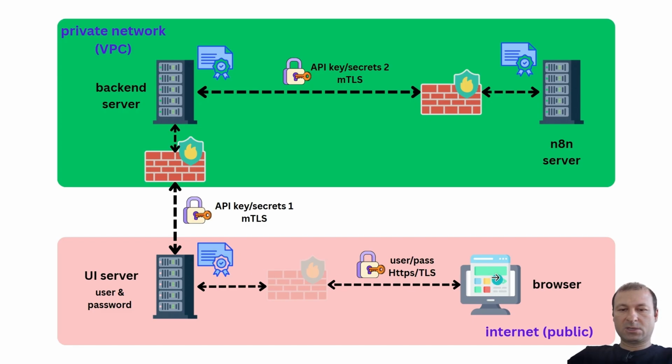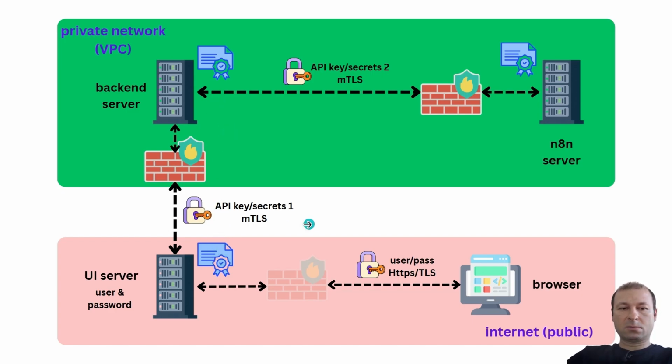So the browser can easily verify that certificate authority and say, okay, this certificate is indeed valid, so I can proceed with the HTTPS communication with my UI server. These other two certificates, as they are in your own backyard, you can generate them by yourself using Unix tools. So they are not required to be issued by a trusted certificate authority.